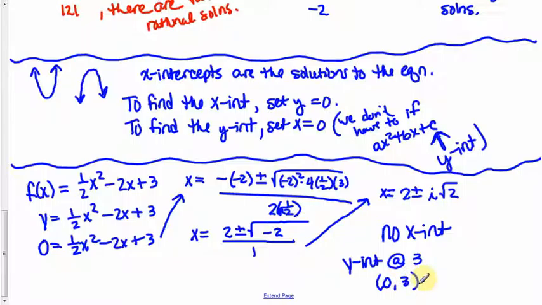Does it cross the y-axis at 0, 3? It does, doesn't it? Okay, so that's how you would perform this particular problem where it's asking you to find the x-intercept and the y-intercept. Any questions? Okay, we're going to pause again.